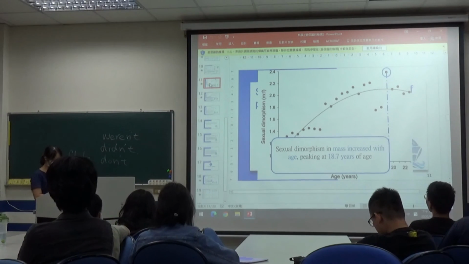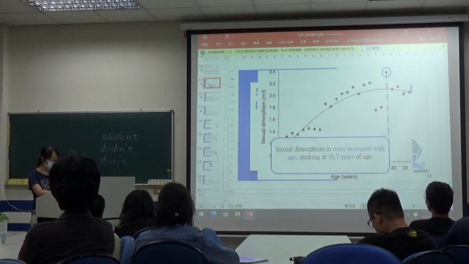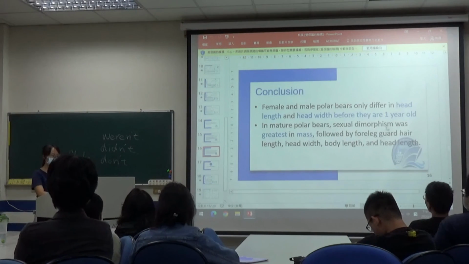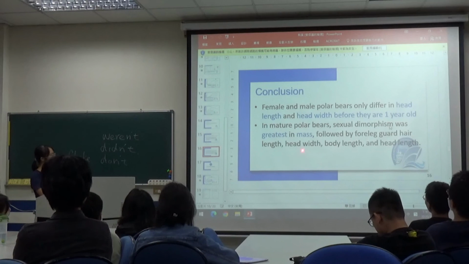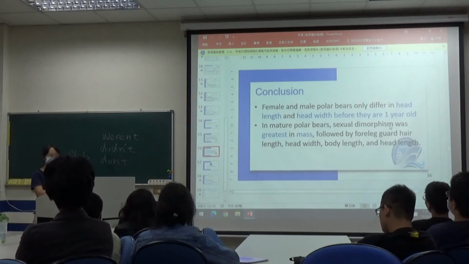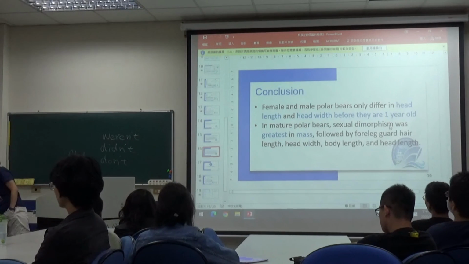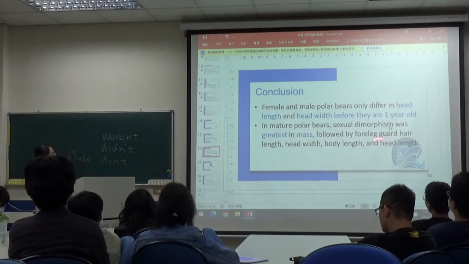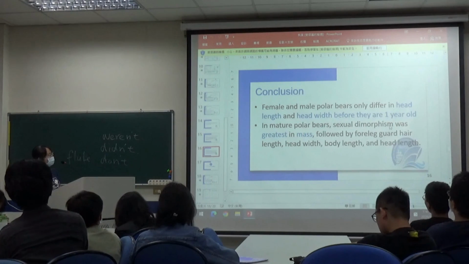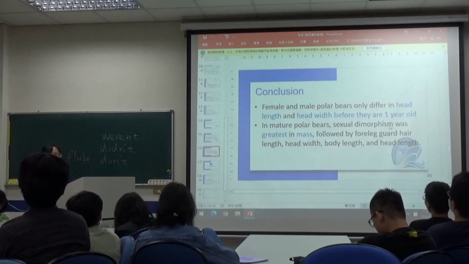And there are some pronunciation issues. You have been reading "whites," right? It should be "width." I don't know how you pronounce this, but it should be "guard." And I don't know how you pronounce "mature," M-A-T-U-R-E.